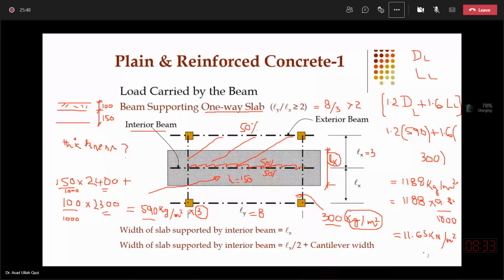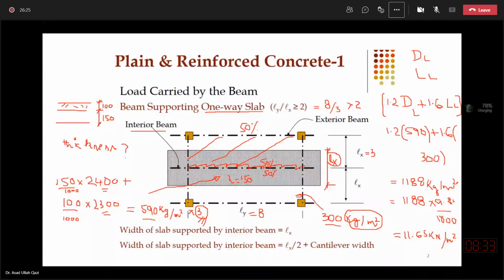So it is then decided that for this slab system we have about 11.65, or let me round up to 12 kilonewton per meter square ultimate pressure. Now I can multiply this resultant pressure with the transverse width, because I have decided based on aspect ratio that it is a one-way slab.